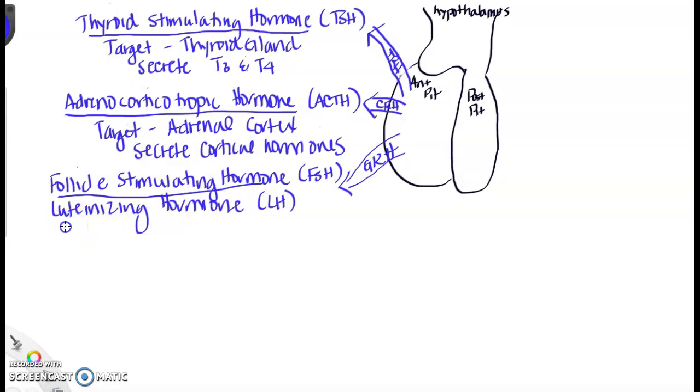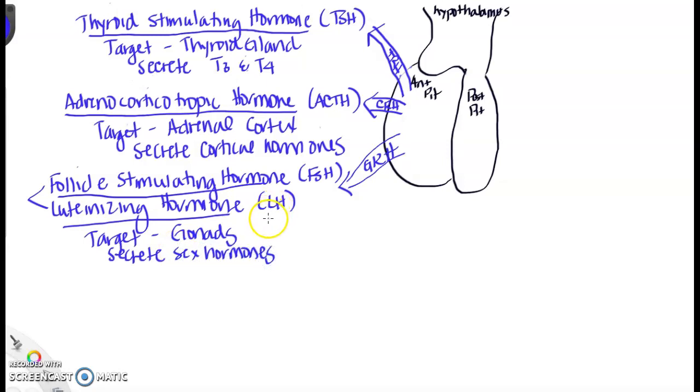So what is the target of these two guys? These get released together. So their target are the gonads. So the testes and the ovaries. And they stimulate the secretion of sex hormones. So estrogen, progesterone, testosterone, all of that.